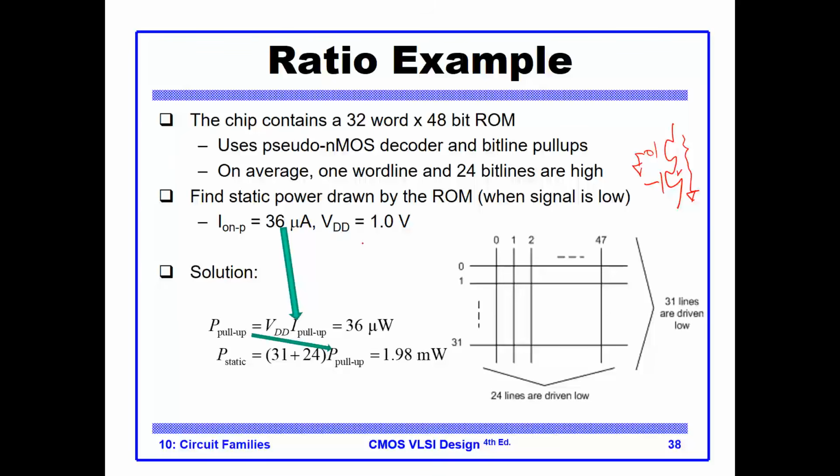Of course, this is an expanded example in your textbook. You can look at the more of the details in the textbook, but really what we care about is that for every one of those situations, you're going to end up burning 36 microwatt. That's a lot. That's a lot for this type of stack.